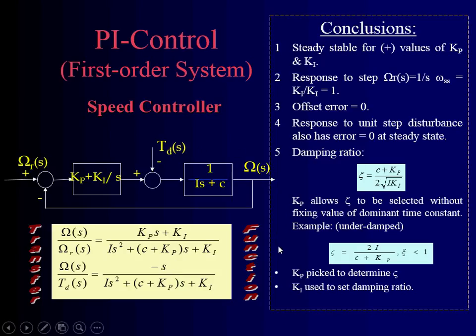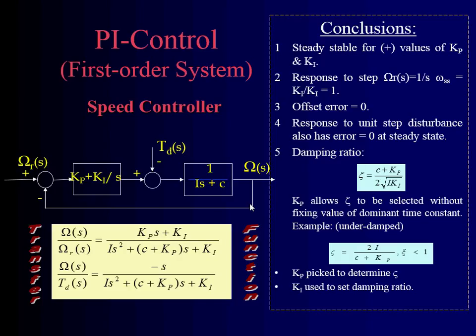Here you have a PI controller. So we're looking at different kinds of examples. This is a PI controller. What are the advantages or conclusions of using something like this? Because you can see this is the proportional gain, this is the integral gain, right? Conclusion: stable for positive values of Kp.